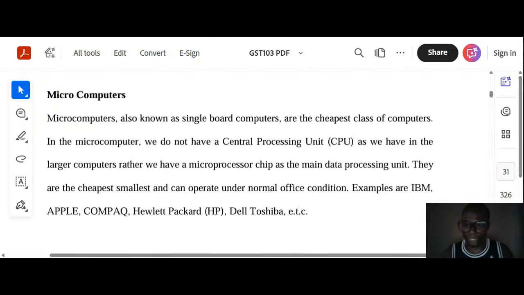And then I also want to ask a very similar question, because most of us will be HP. My laptop is HP. You go to the market to buy a laptop, you say, I want to buy HP. It's HP I want. What's the full meaning of HP and what are the examples of computers?